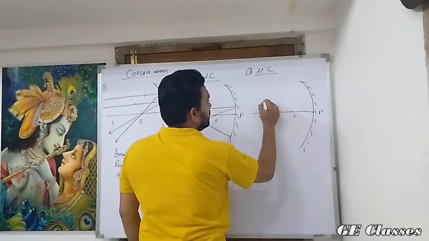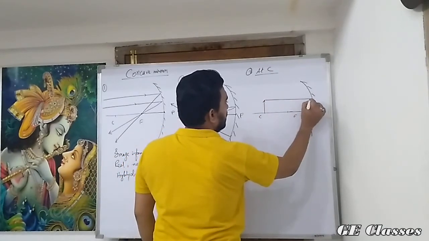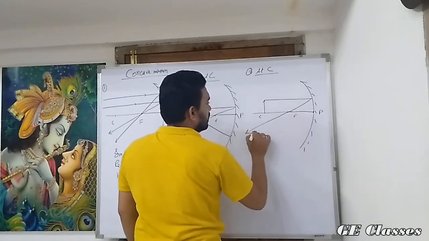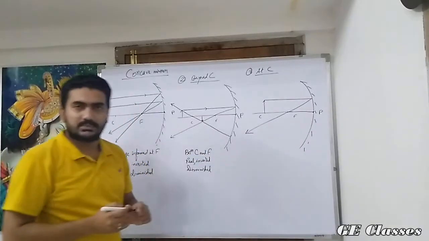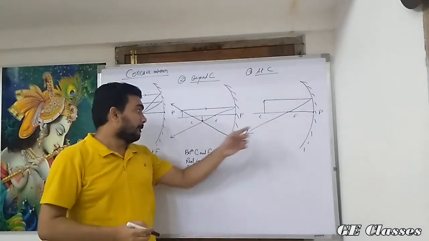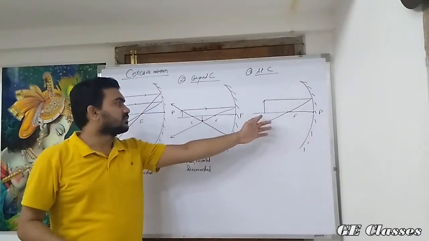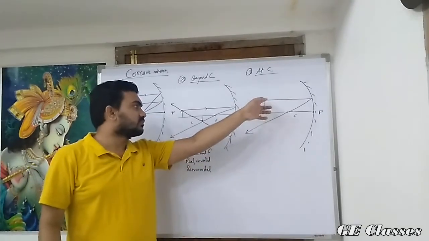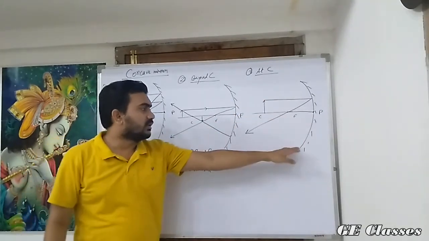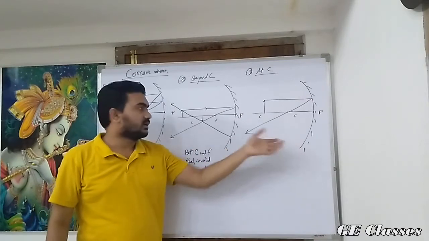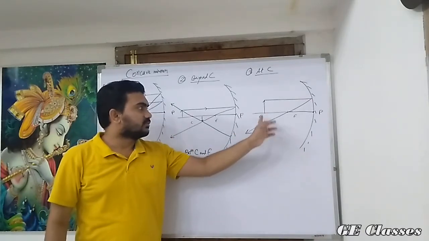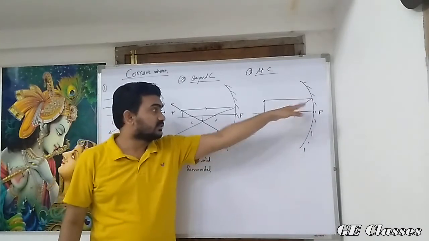If this is the object, one ray goes parallel and after reflection must pass through the focus. In this case we cannot take the second ray through C because it's already on C, and if we take it through C, it will go down without reflecting. We don't have a reflected ray to intersect the first reflected ray.